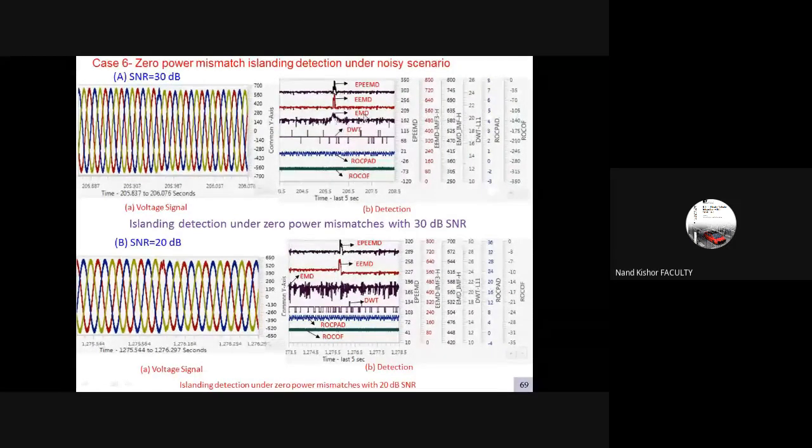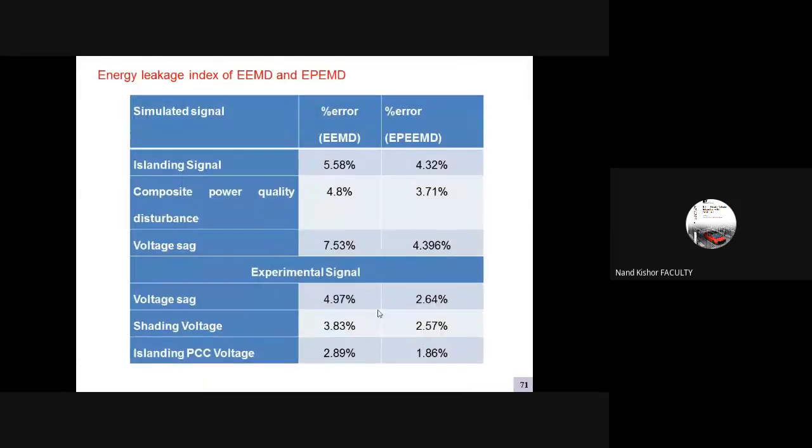But with the EMD, you can see that with more noise added, EMD completely deteriorates here. DWT and these two techniques completely fail in this situation. And this is some statistical analysis for the detection performance, showing the percentage error in terms of the energy leakage between the IMFs for the two techniques, ensemble and energy preserving.